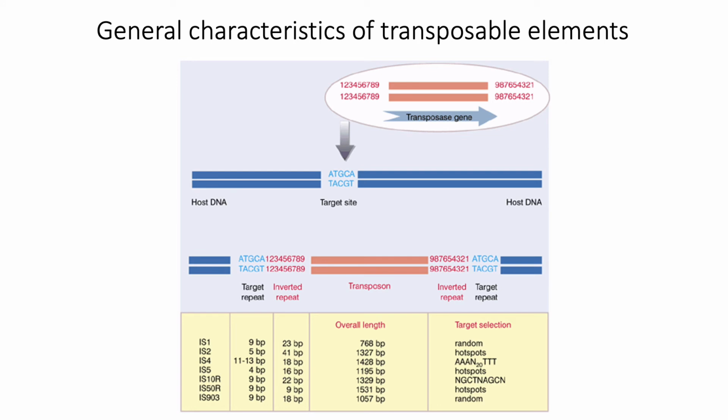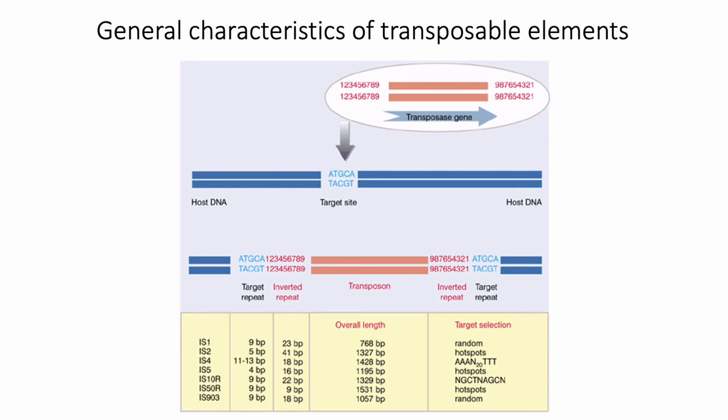So this is the structure of the transposon shown at the top. You see a piece of DNA is depicted by these two orange lines. On either end of the transposon are repeated structures, and they're inverted, so they're inverted repeats.